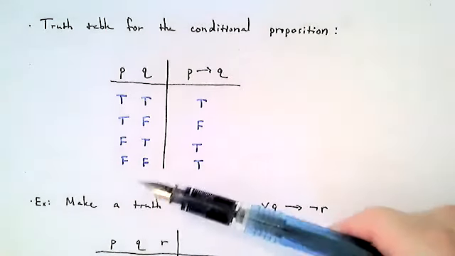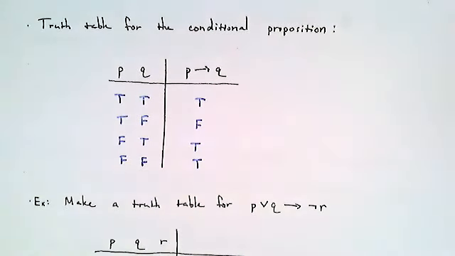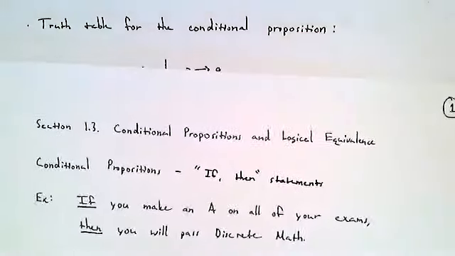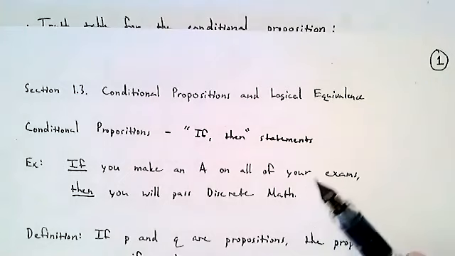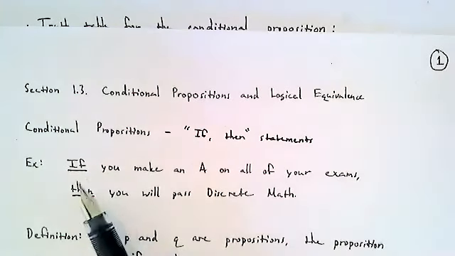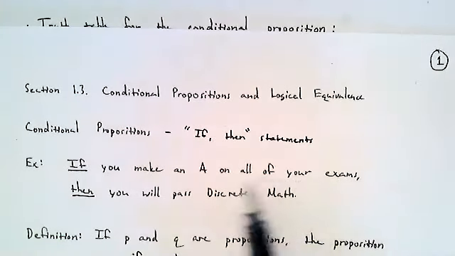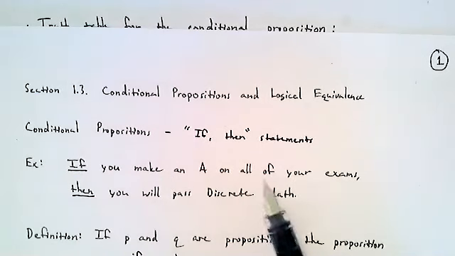So think back to the example. Remember, if you make an A on all of your exams, then you'll pass discrete math. So let's think about what would the two falses be. So if this is false, that means you didn't make an A on at least one of your exams.